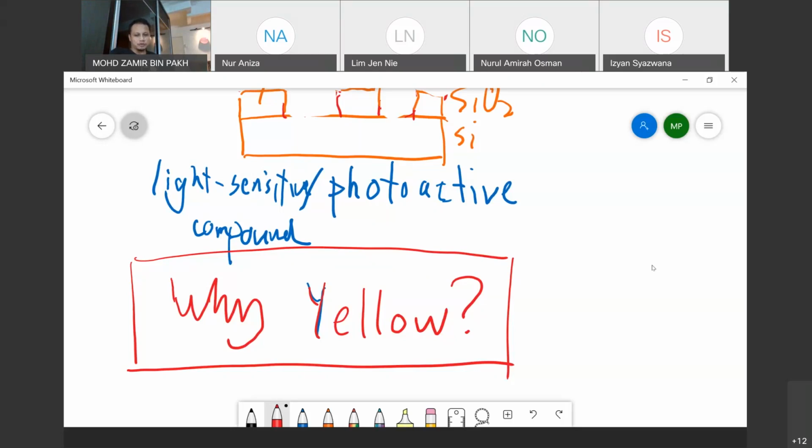So why yellow? So yellow is long. So then what is the wavelength of yellow light? Cuba Google search and write down. Okay, about 580. Okay, 580 nano. So that means kita pakai 580 nano in the litho environment. Okay, I mean in the space, not in the process, in the space yang people working in.